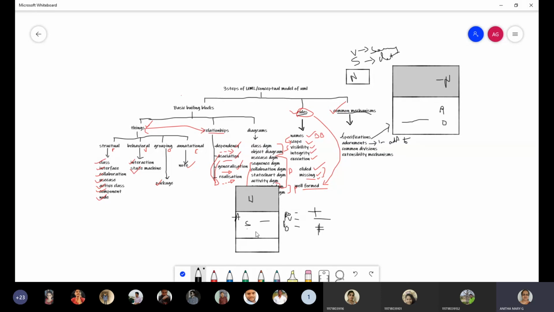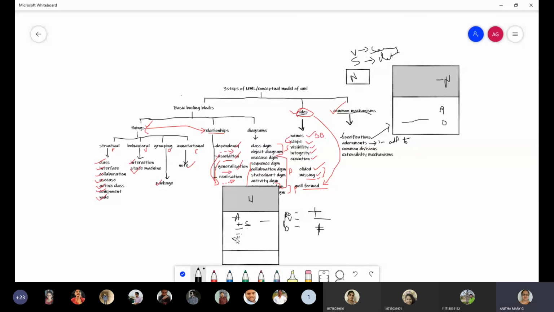So for every attribute, whatever you might be specifying here, you can specify this is a public attribute, this is a private attribute. If it is protected, then a protected attribute.